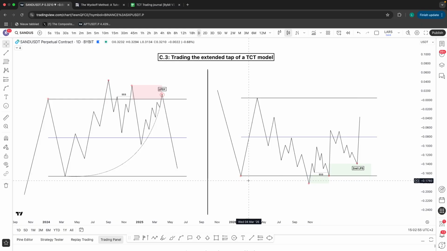When we are trading a fourth tap, it is extremely simple to understand because the requirements of a fourth tap are the exact same as the requirements of our third tap. So if we want to be trading the fourth tap, or in Wyckoff terms, LPSY, the pullback simply needs to sweep extreme liquidity or mitigate extreme supply of the expansion away from our original third tap.